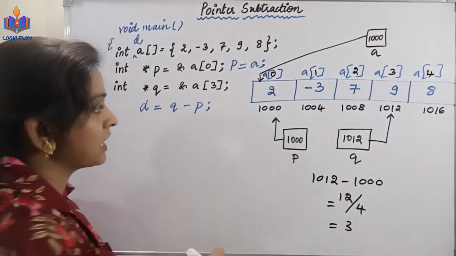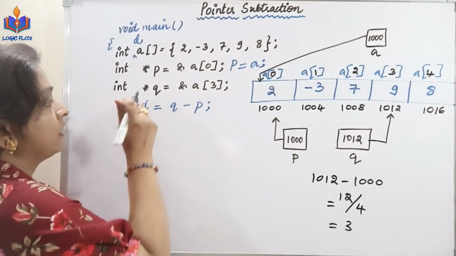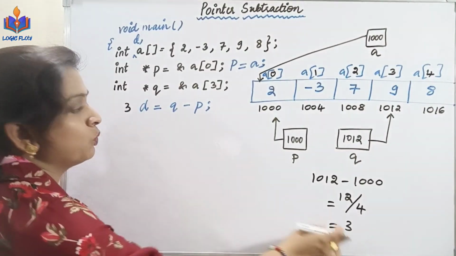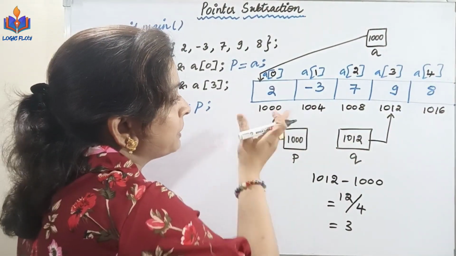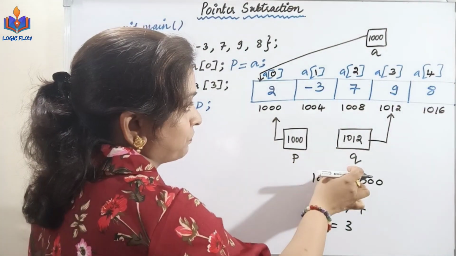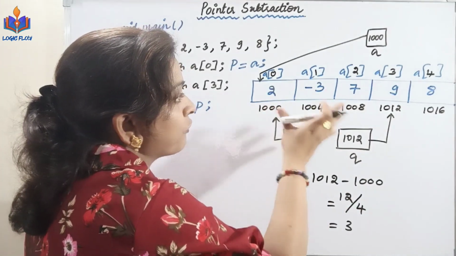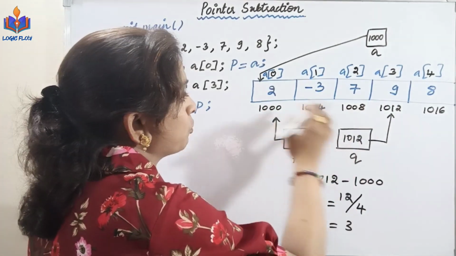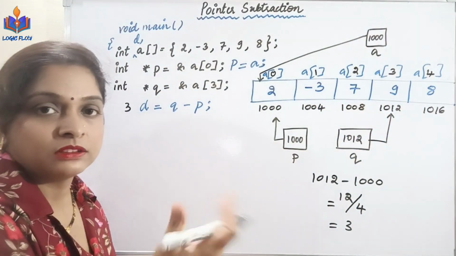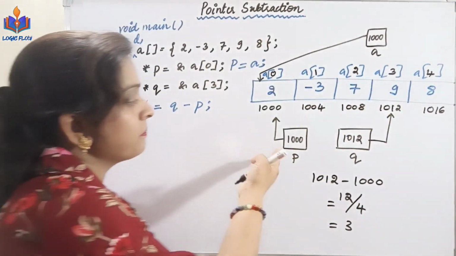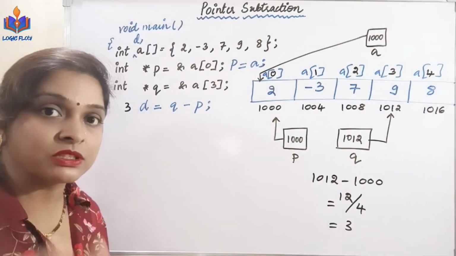So here D, which is an integer value, represents the number of elements between the pointers P and Q. So it is 1, 2, 3. We have 3 elements apart from P and Q. So that is that value.